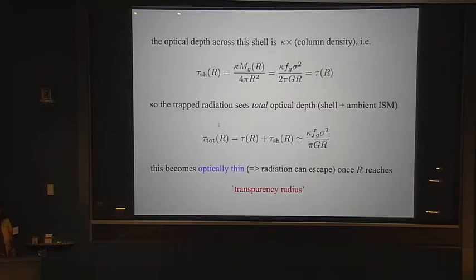So this is a caveat. Okay, but we can talk about the trapped radiation, which will see an effective optical depth, that is the optical depth plus the optical depth of the shell itself. You can compute what it is, and you can see that this becomes optically thin for a particular value of r, and we call that the transparency radius.